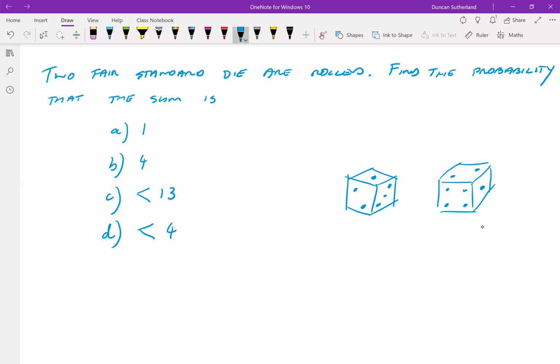That's a valid arrangement. There's no way we can get exactly 1, right? If we think about this, we're always going to get a minimum of 2, right? The smallest number that we can display on each individual die is 1. Sorry, I think dice is a plural.